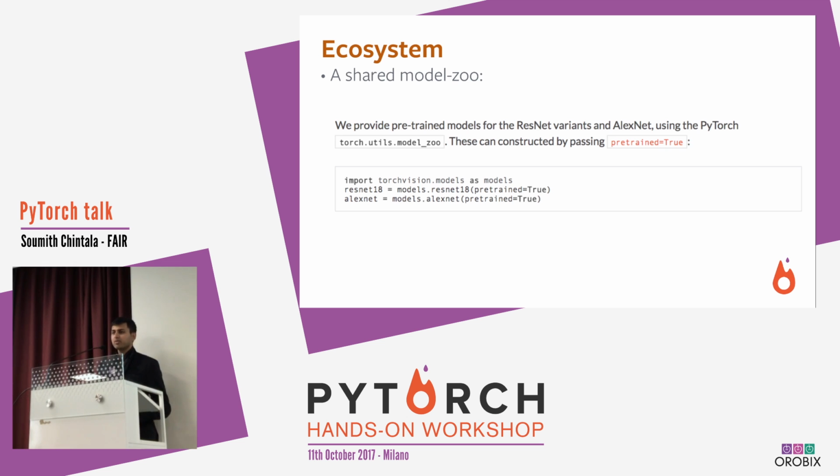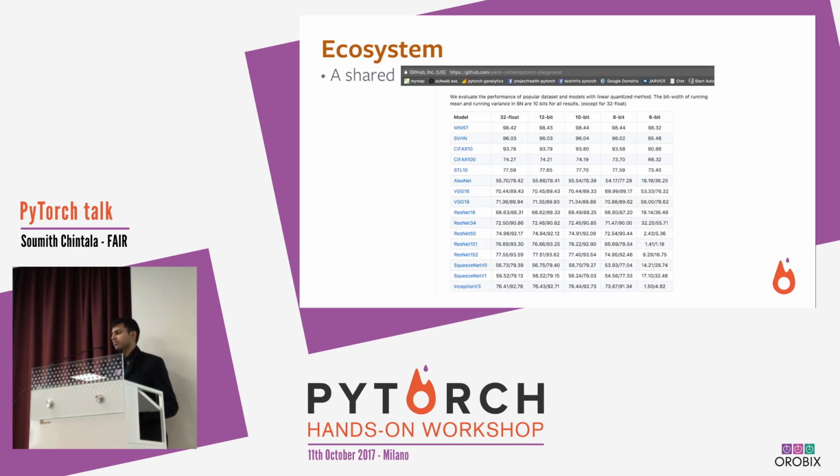One of the cool things that one of our community members did was he took all of the pre-trained models available in PyTorch, and then he was like, okay, how much does quantization affect neural network accuracy? Neural networks are typically trained in 32-bit precision. But he was like, okay, let me try to reduce the precision.